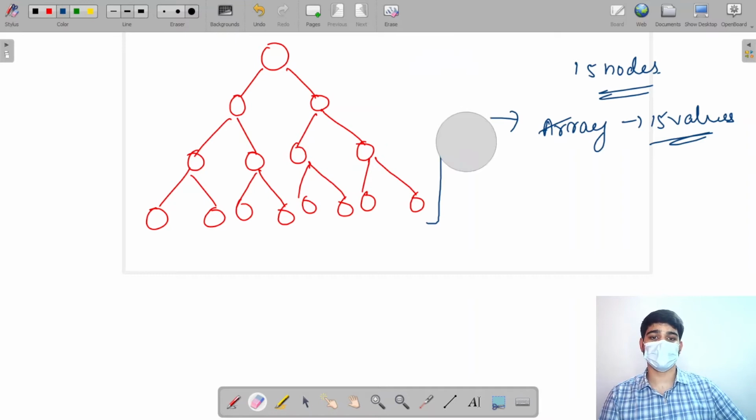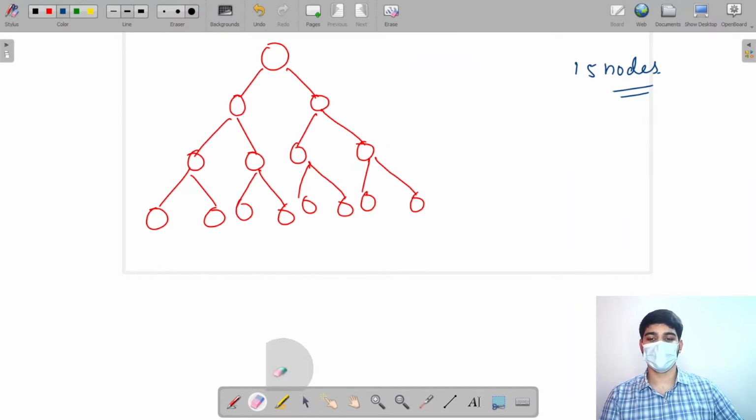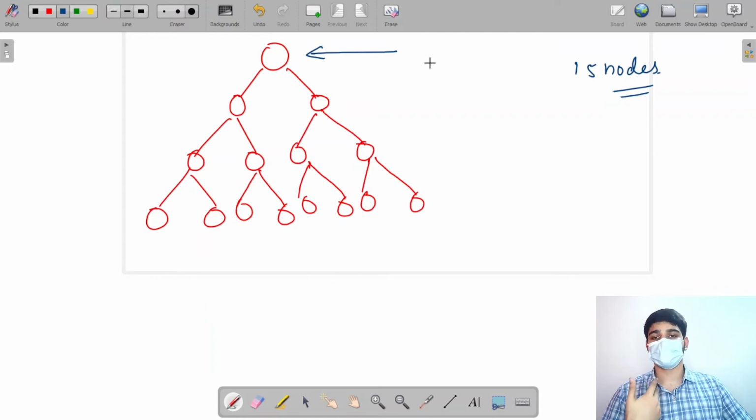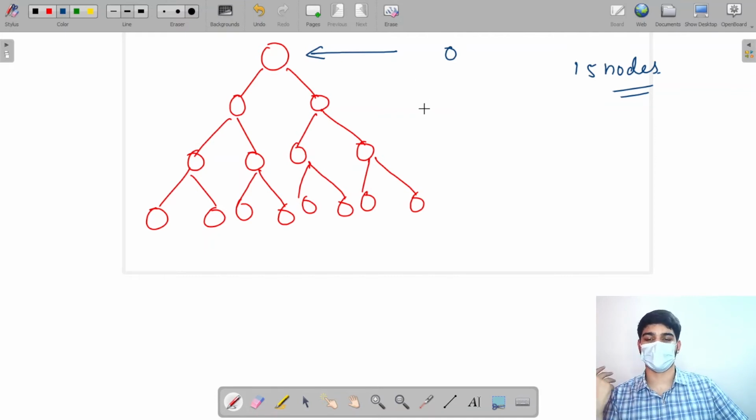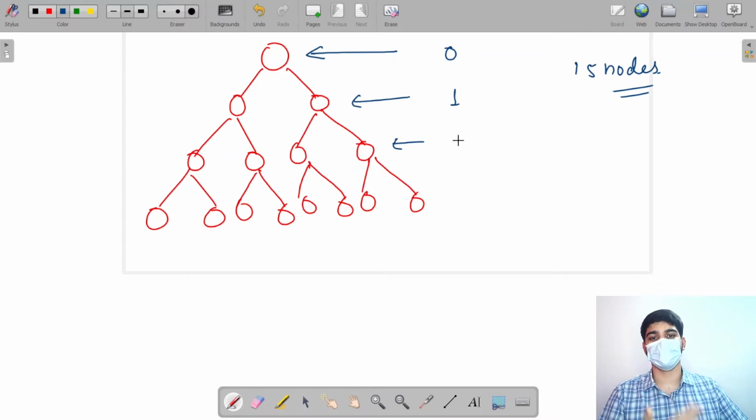Now how would this heap be created? For the very first element which would enter over here, the complexity would be 0, because there is nothing to up-heapify, since it's the very first element. For these two elements, however, the complexity would be 1. For these 4 elements, the complexity would be 2.